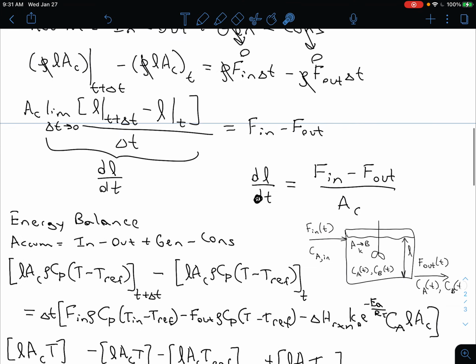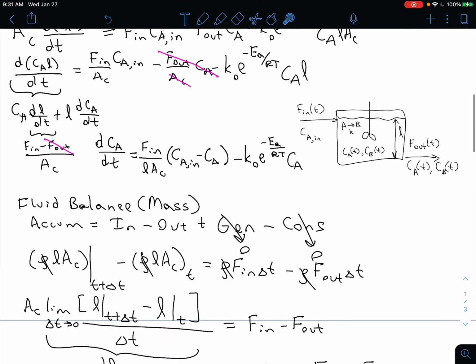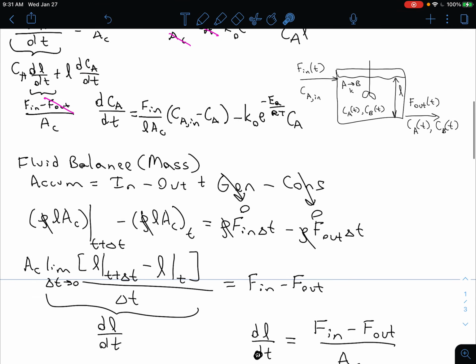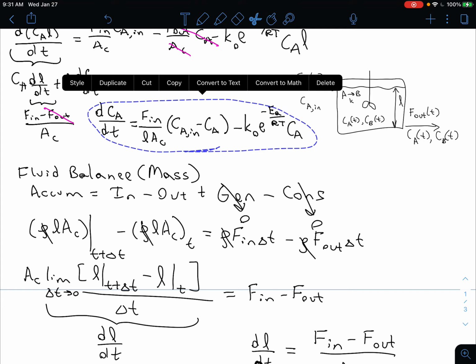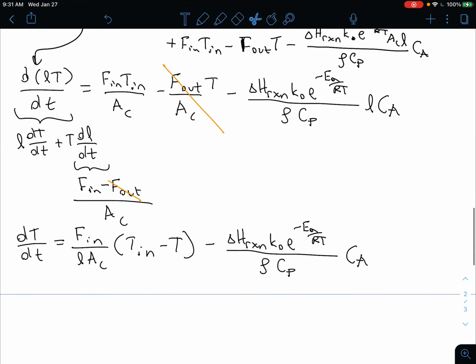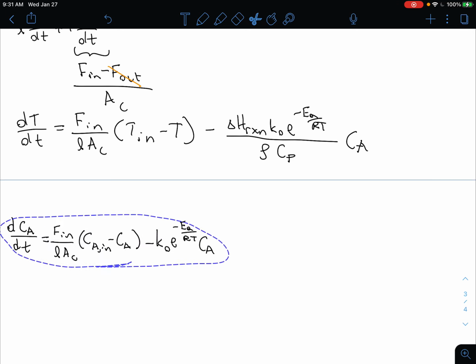So let me come back here, and I'm going to just show the equations that we've derived. Okay, so one of them is this one. So I started off by saying it's likely that we will want to know the concentration of A as a function of time.